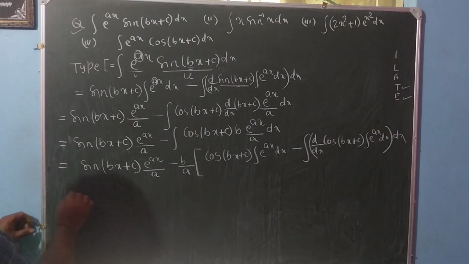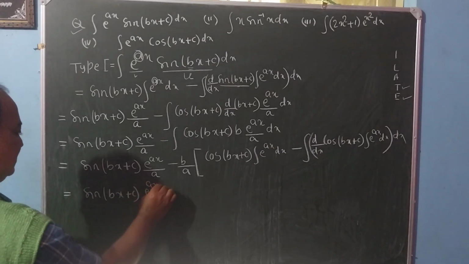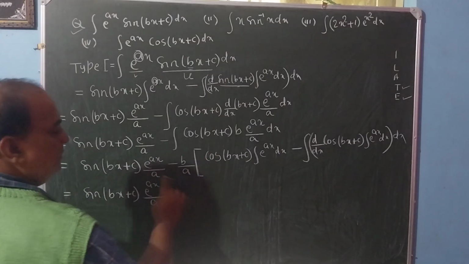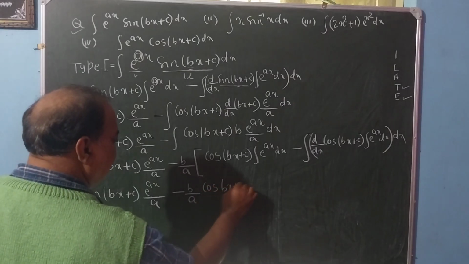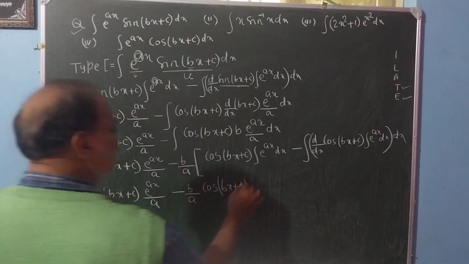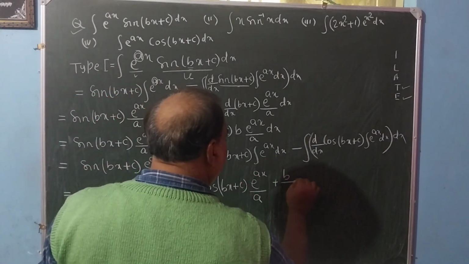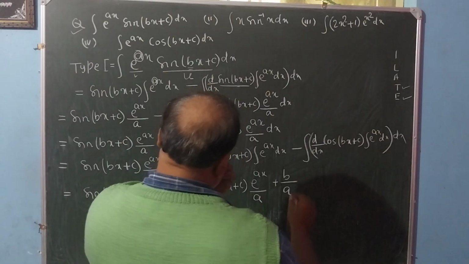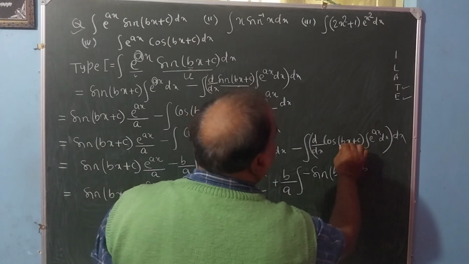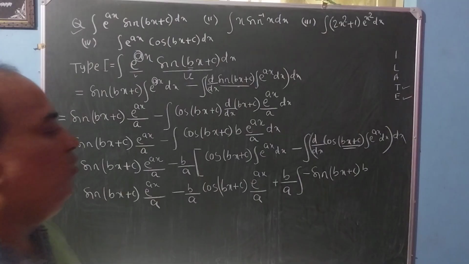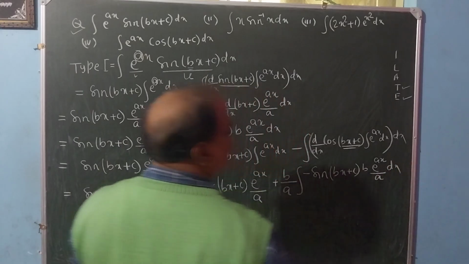So we get sin(bx plus c) e to the power ax by a, minus b by a multiplied by minus b by a cos(bx plus c), again integration of e to the power ax is e to the power ax by a, plus b by a times the derivative of cos(bx plus c), that is minus sin(bx plus c) into b, the derivative of bx plus c being b by the chain rule, with integration of e to the power ax by a into dx.